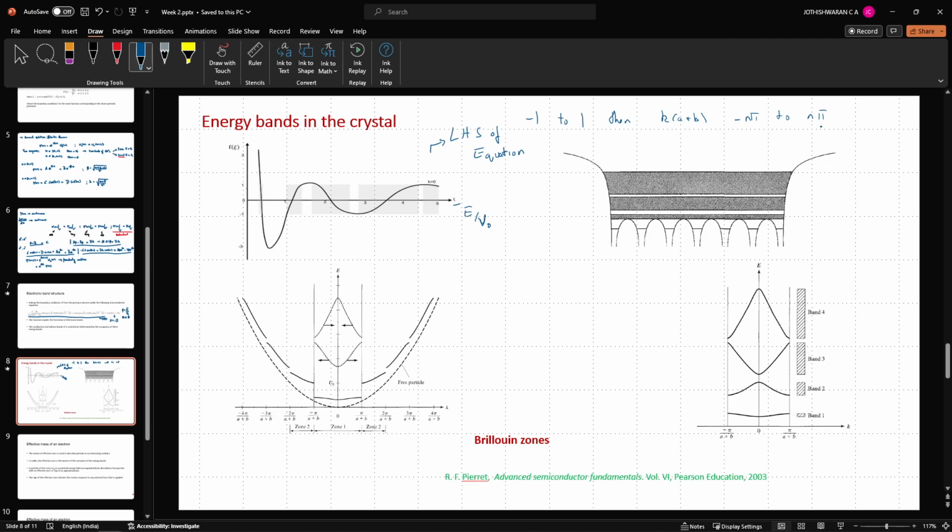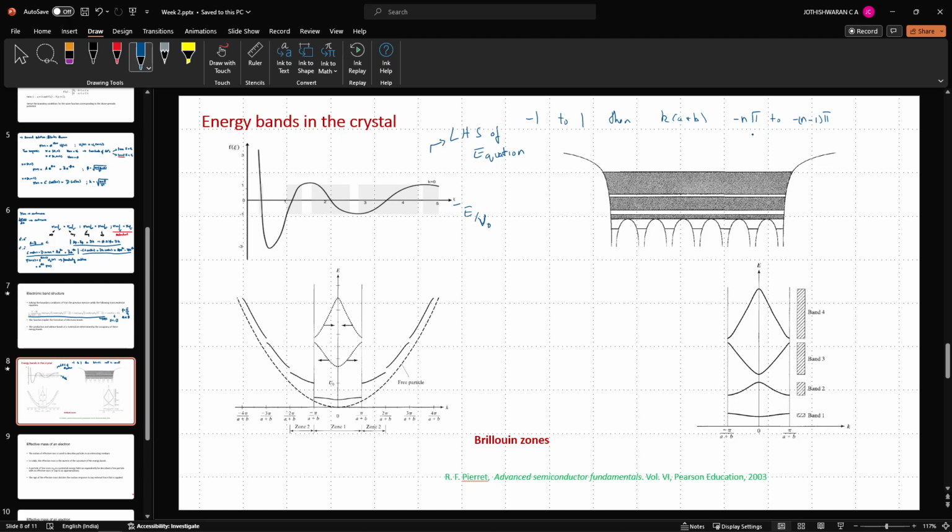So essentially what is happening is, okay, I shouldn't even say this. The more precise way of saying this is, it will be from minus n pi to minus of (n minus 1) pi.